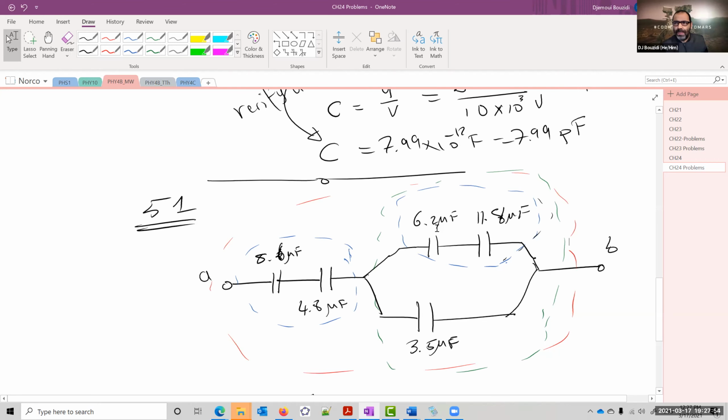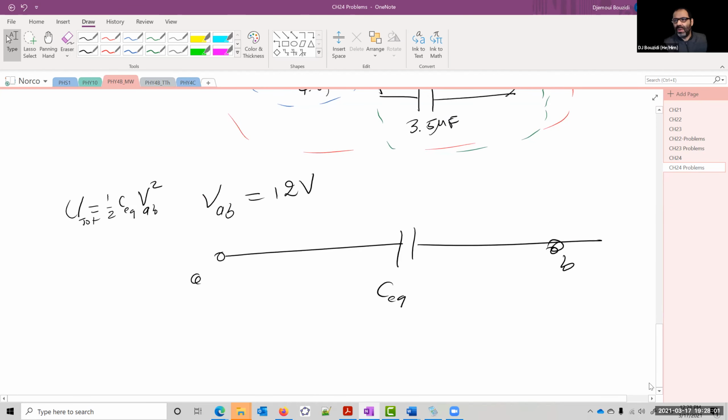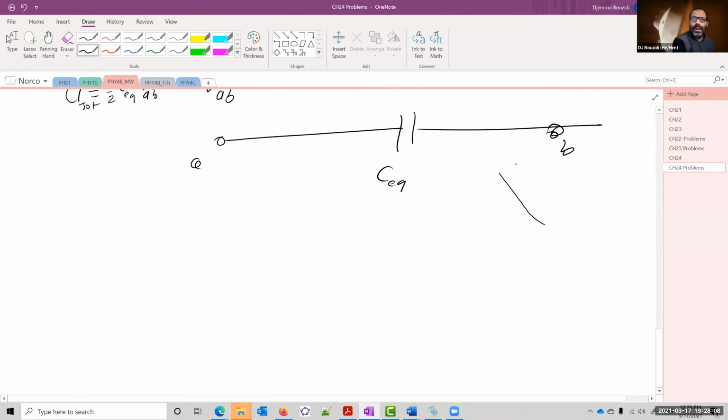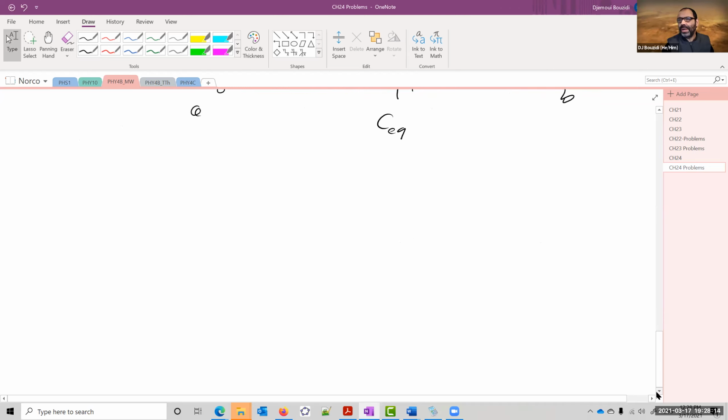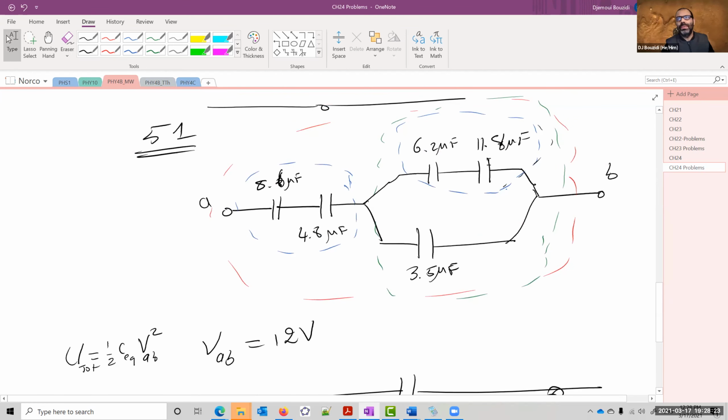So between the 6.2 microfarads and the 11.8 microfarads, I have a first C equivalent. Okay, so I'm going to call that C1 equivalent. The C1 equivalent, the first one, is such that I invert the 6.2 and the 11.8, add the inverses, and then invert the answer.